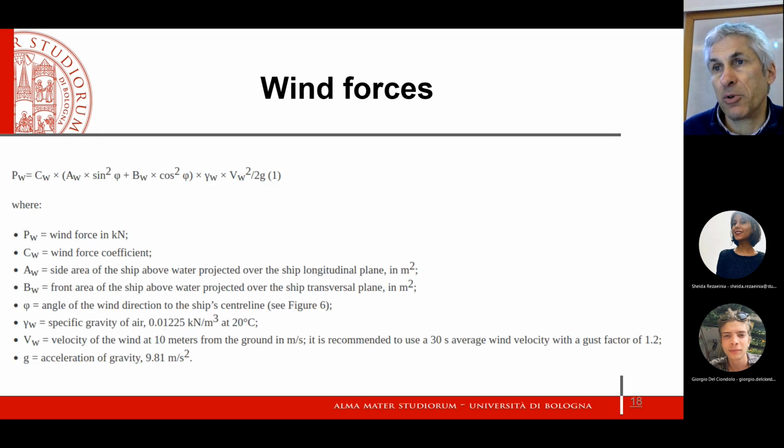Now, this is the formula. So let's put it on the screen. And this is actually the wind force in kilonewton. On the left-hand side, you see PW. It's the wind force in kilonewton. Okay. So let's first make some reasoning on the wind force. The wind force must depend on the area of the exposed surface.